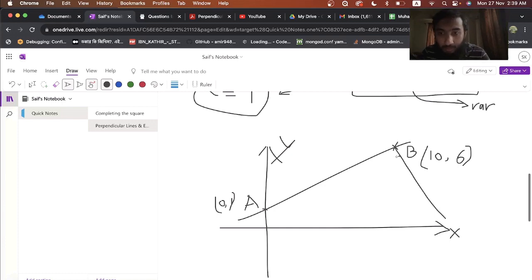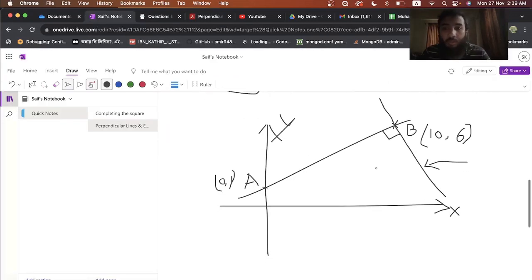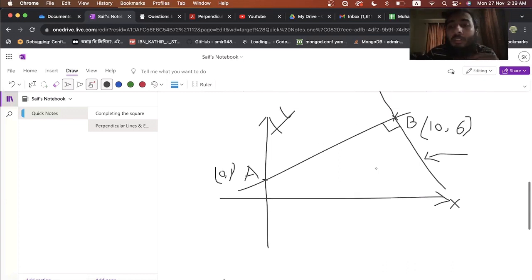For example, this is 90 degrees, right? And it passes through this point B. So I have to find the equation of this line.